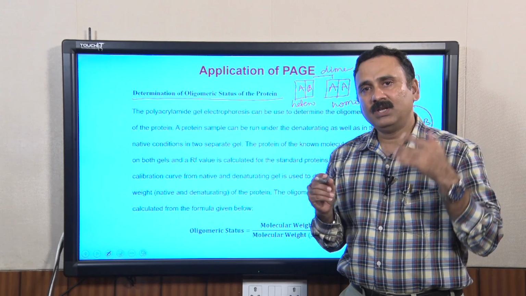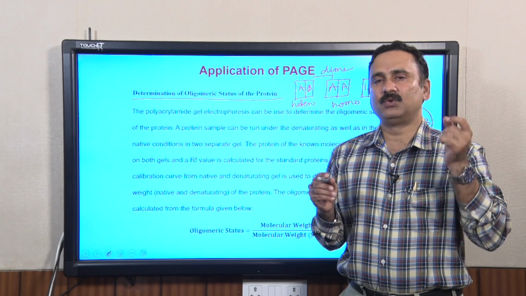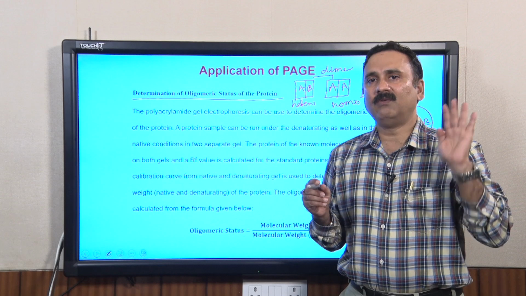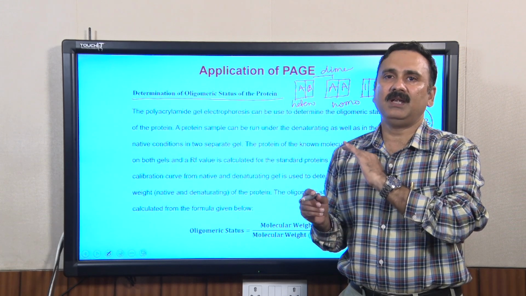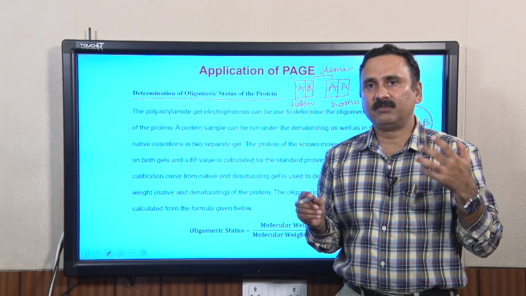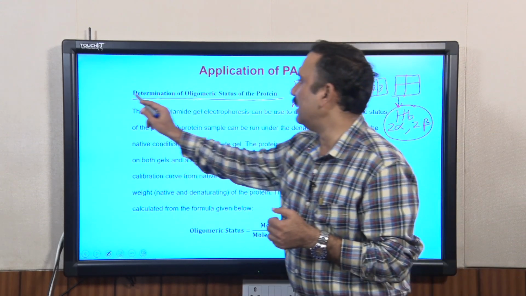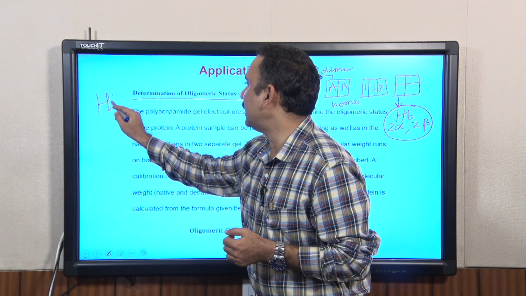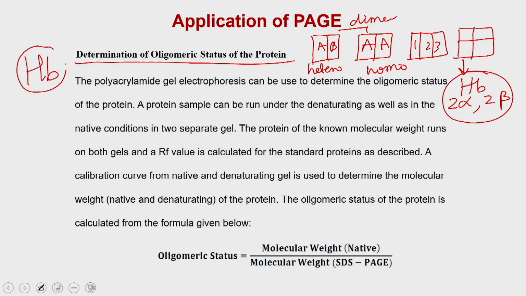And you can use SDS page to determine whether all 4 subunits are present in your molecule or not. So, what you do is you purify this particular protein. Suppose I have purified the hemoglobin which I have produced in the E. coli expression system, and then I will run this hemoglobin in 2 conditions.